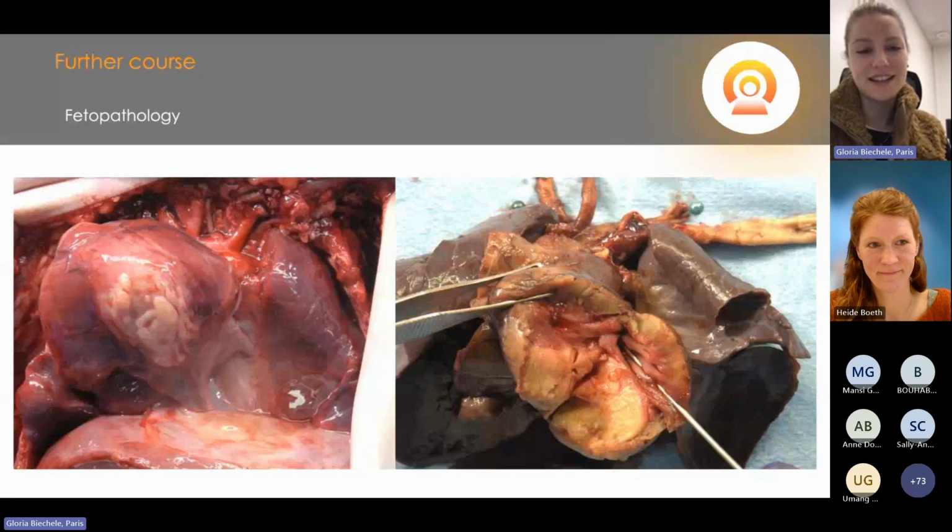We don't have a histologic examination present now. We assume that it is either a mass in the context of tuberous sclerosis or a polymalformative syndrome. And it stays unresolved. I'm very sorry for that.